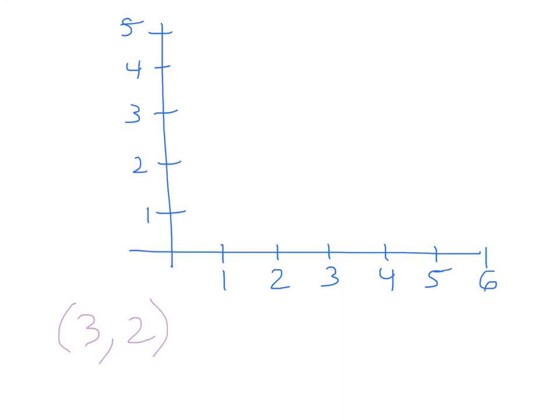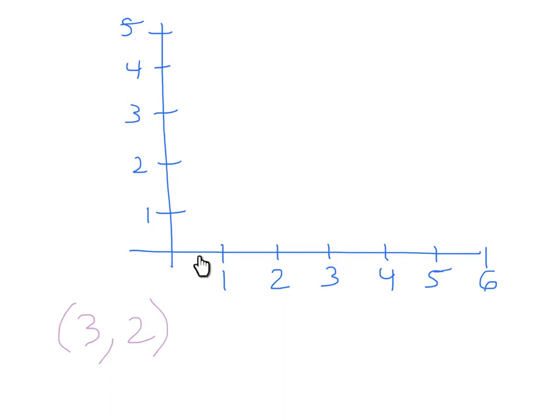Right, so if I was going to do 3, 2, if you did this correctly, you would have started at the origin. And we always start at the origin. If we're doing an ordered pair, and I'm very careful about saying it that way, for doing ordered pairs, we always start with our x.